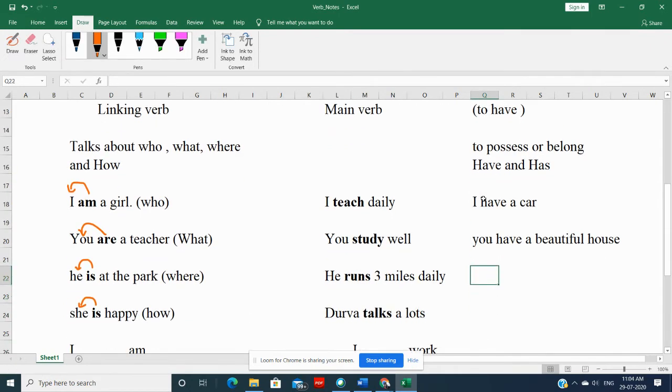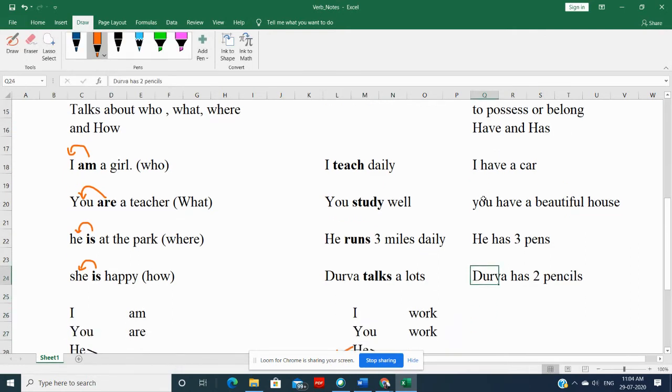Then you can say he has 3 pens, right? Again, you can say Durva has 2 pencils, right? Now, again, you must have noticed here, with some of them, I have used have.